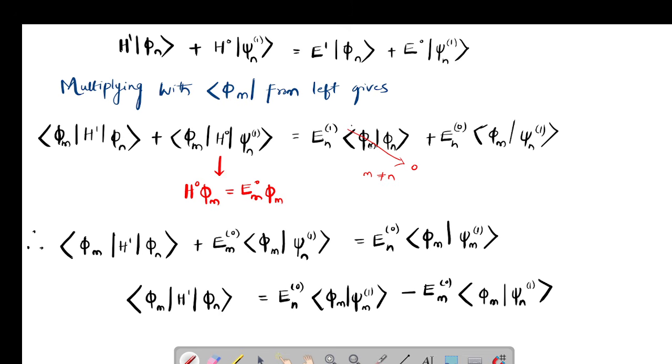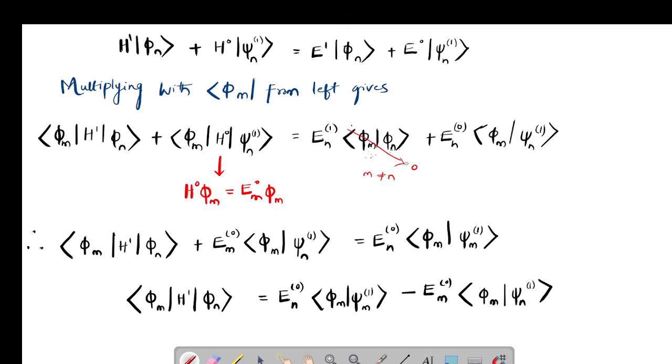So if we observe here, this is the inner product of different functions, isn't it? This is in terms of phi, this is in terms of phi. At m not equal to n, we know that, so the value of this inner product will be equal to 0.